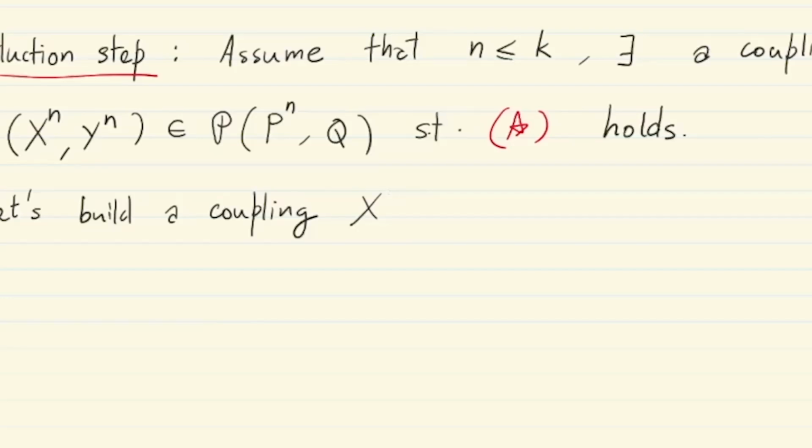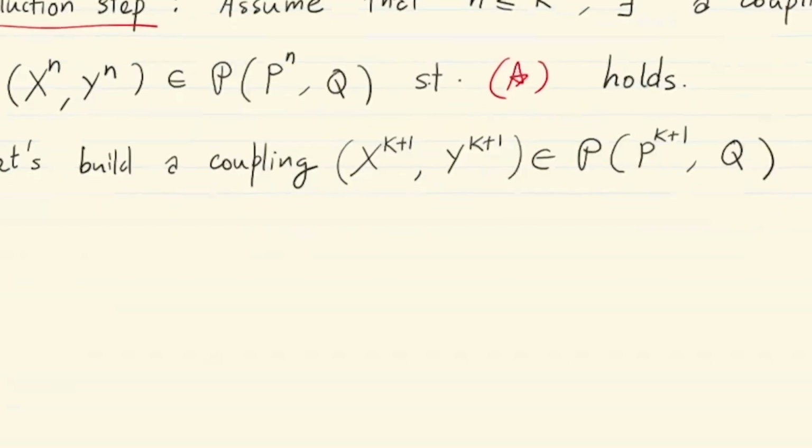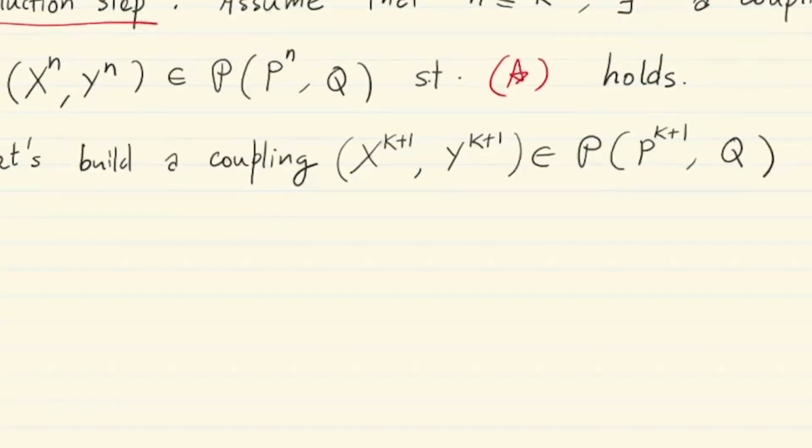So let's couple x_{k+1} to y_{k+1} with desired marginals P_{k+1} and Q. Note that when we say P_{k+1} and Q, it's sufficient to consider the marginal distribution of Q on the first k plus 1 symbols, such that star holds for n equal to k plus 1, thereby extending the induction hypothesis by 1 unit.